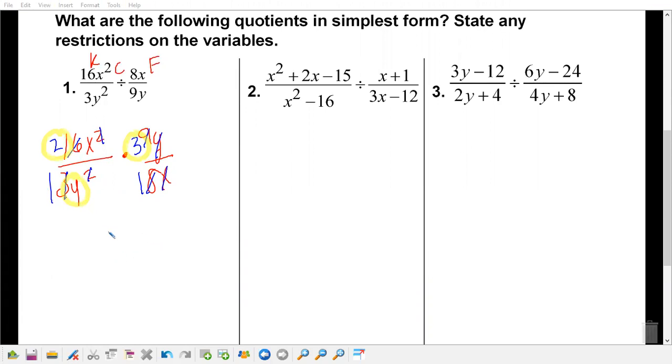So that leaves me with 6x over y. Forgot my y. And my restriction is y can't equal 0.